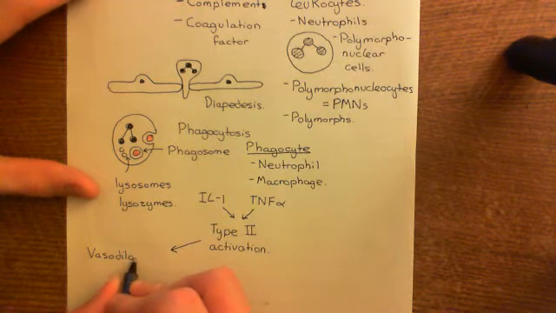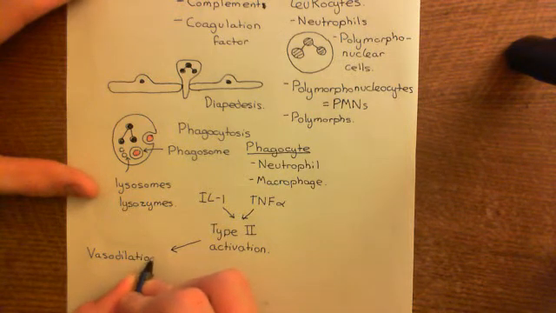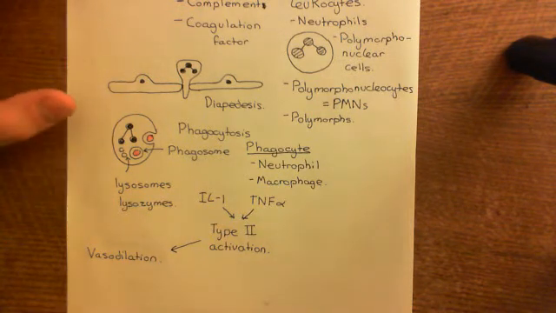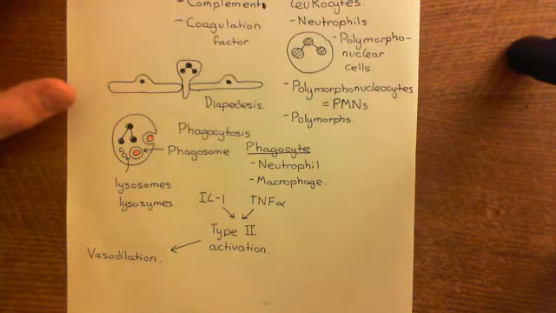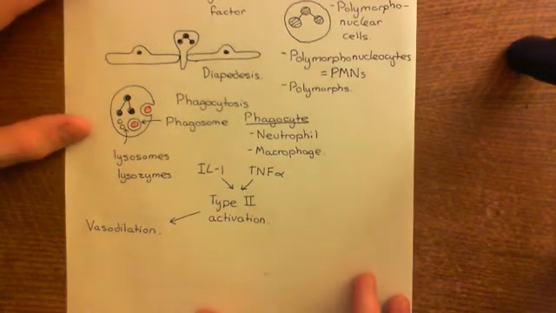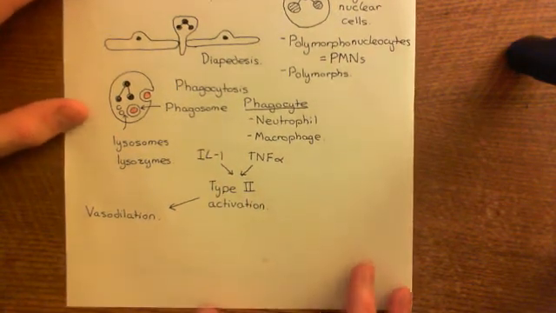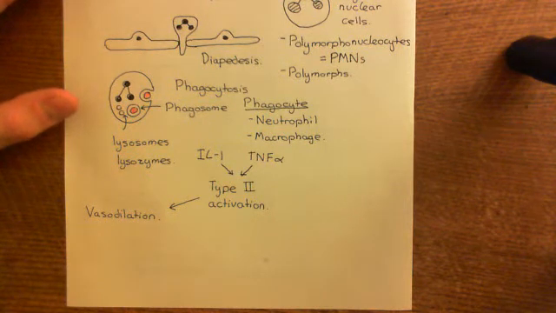So the endothelial cells in the arterioles are going to undergo type 2 activation in response to interleukin-1 and TNF-alpha, and they're going to start releasing even more vasorelaxant molecules than they were in response to histamine and type 1 activation. Okay, so it upregulates the vasorelaxant molecule secretion and therefore increases vasodilatation and therefore increases blood supply even more.